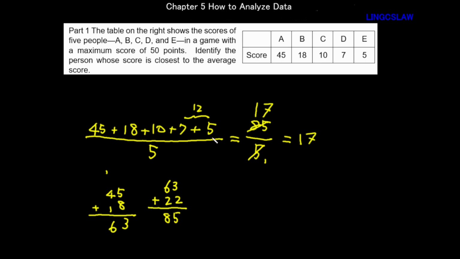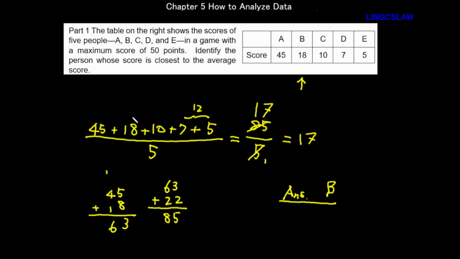The question is identify the person whose score is closest to the average. So you can see 18 is the closest to 17. So the answer is B, 18.